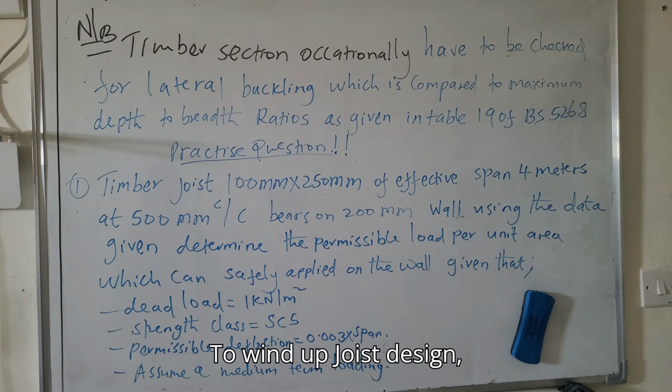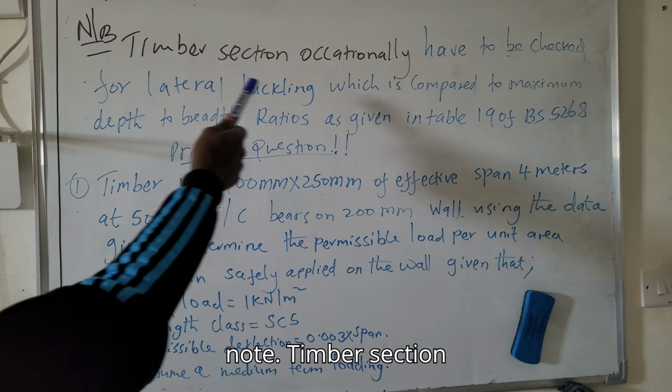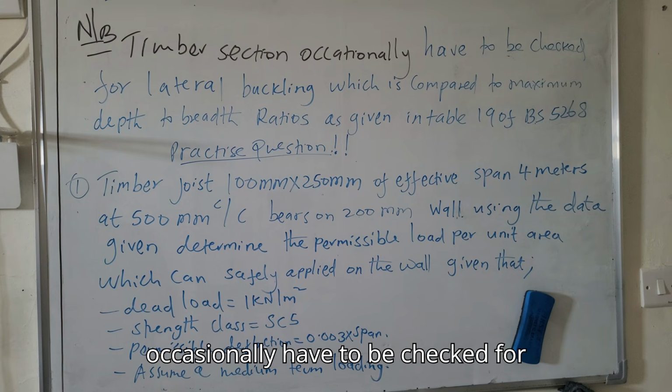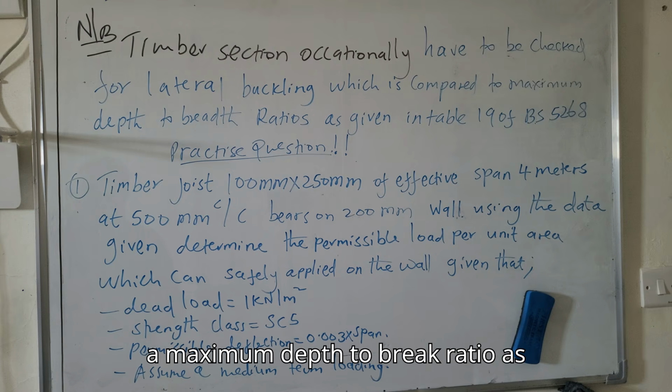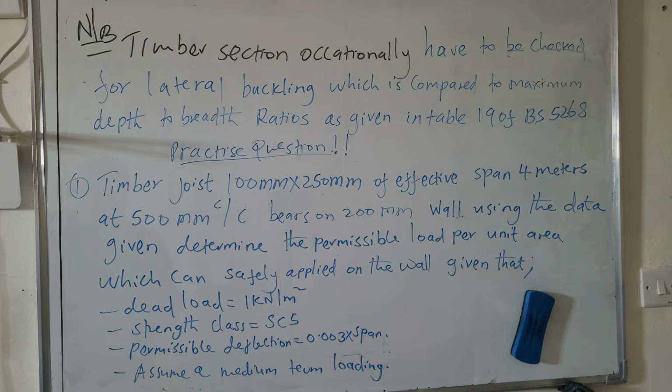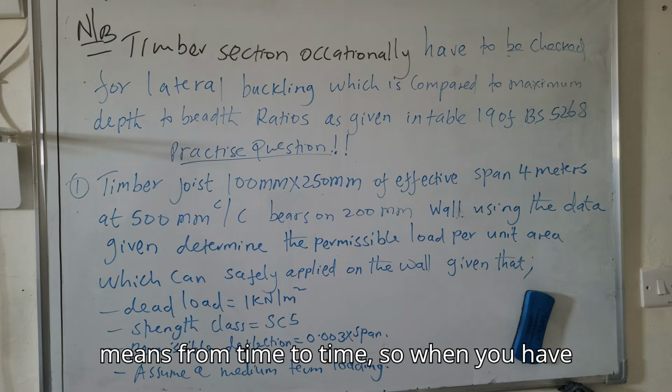To wind up joist design, this is a point to note. Timber sections occasionally have to be checked for lateral buckling, which is compared to a maximum depth to breadth ratio as given in table 19 of BS 5268. Occasionally means from time to time.